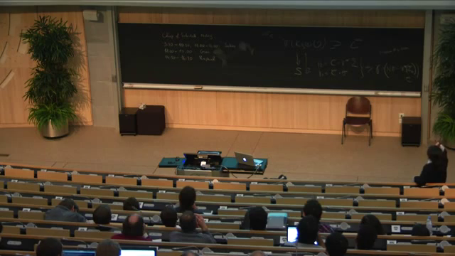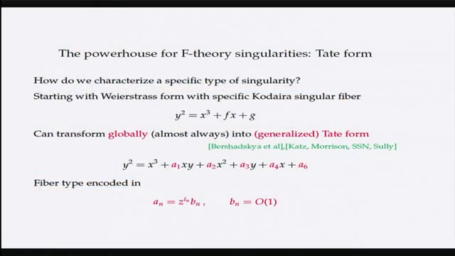So one interesting thing is to ask, if I would like to engineer a specific singularity, given the Weierstrass form, this is not the most direct approach to write down a singularity. There's actually a very nice way to do this called the Tate algorithm, where you don't start with y squared is x cubed plus fx plus g, but this more general Weierstrass form.